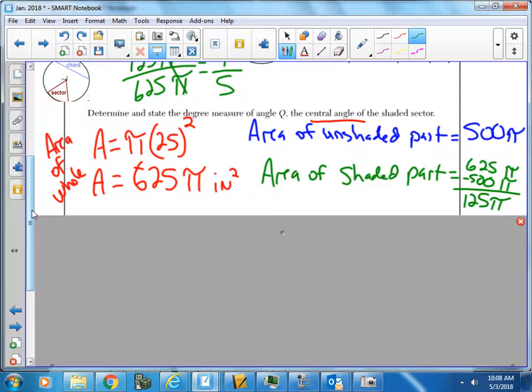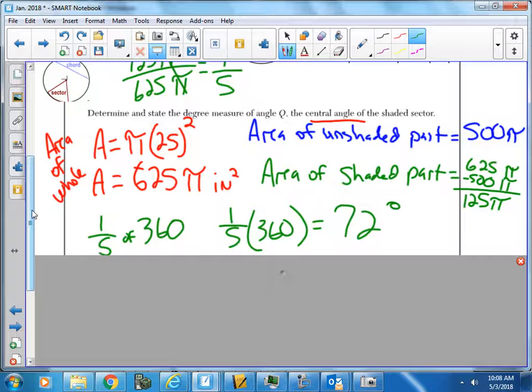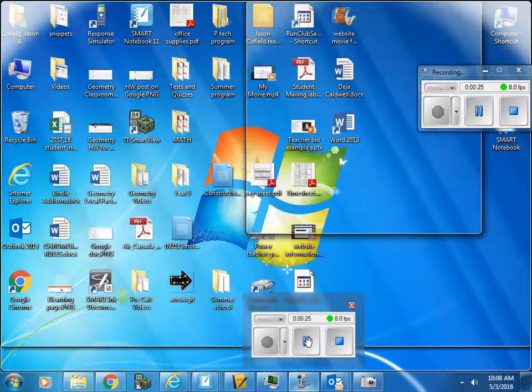So all you have to know now is 1/5 of 360, which is the same as multiplying 1/5 times 360, and that is equal to 72 degrees. So that is your answer, 72 degrees. All right, we're going to go on to the next one.